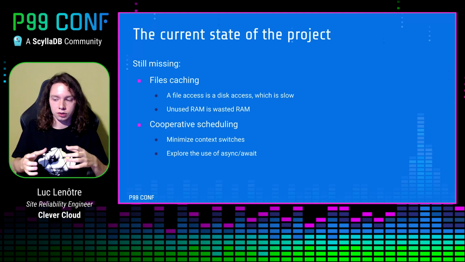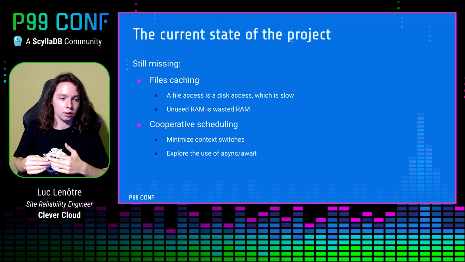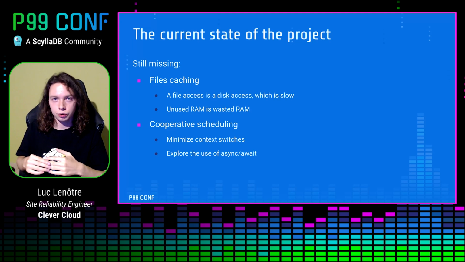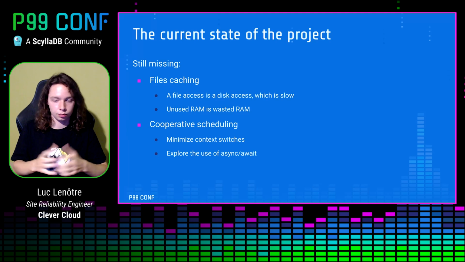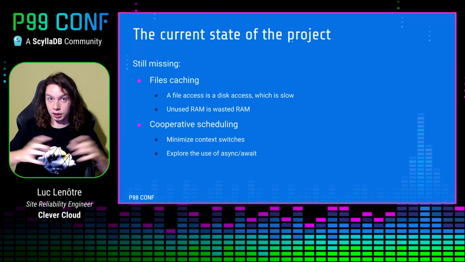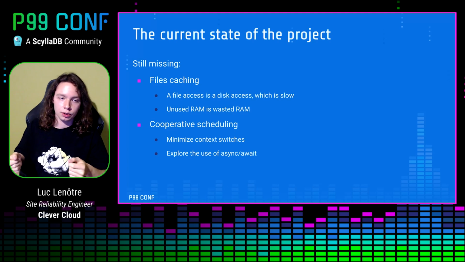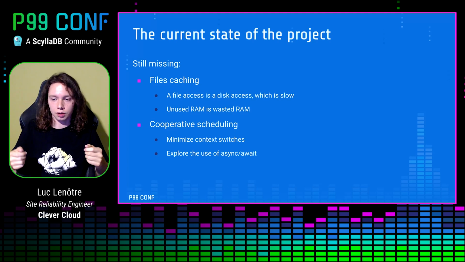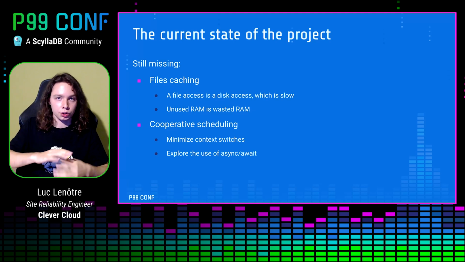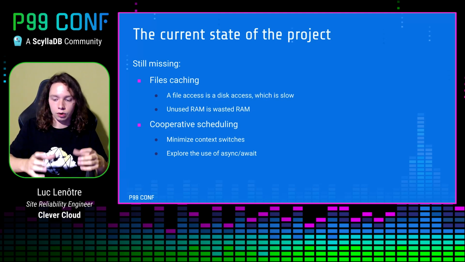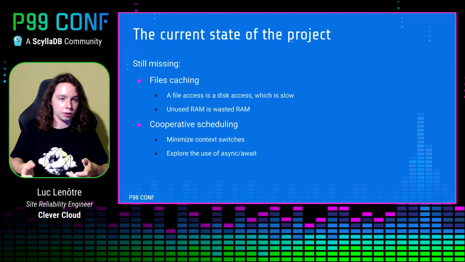And for kernels, there is actually a type of cache that we can use, which is called a page cache, which is making use of all the memory that is not being allocated by processes to store some content of the disk that is being accessed often. So basically, we are making use of all of the memory that would otherwise be useless.